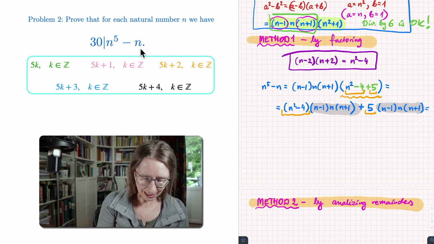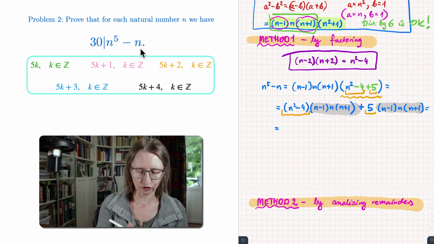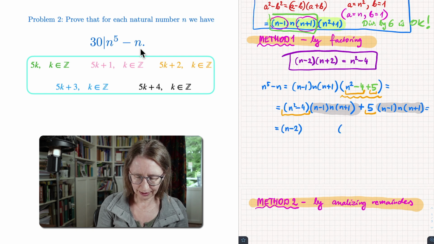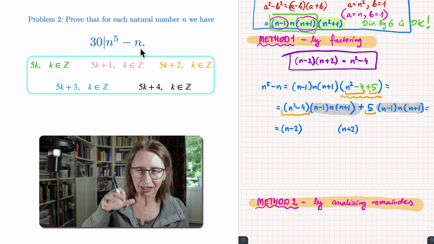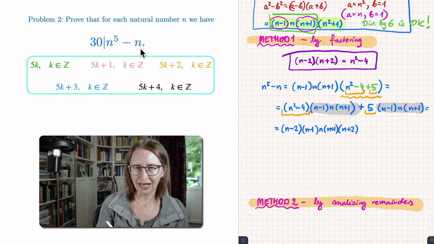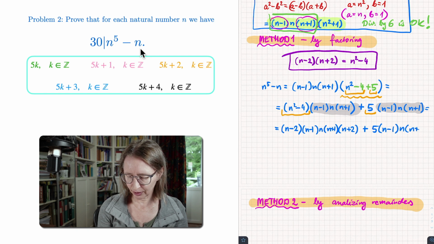But now I'm almost done, because now I can factor n squared minus 4 into n minus 2 times n plus 2, and in between I can squish this n minus 1, n plus 1. And then I have a product of 5 consecutive integer numbers. And then, of course, I have to add this remaining part, 5 times n minus 1, n, n plus 1.